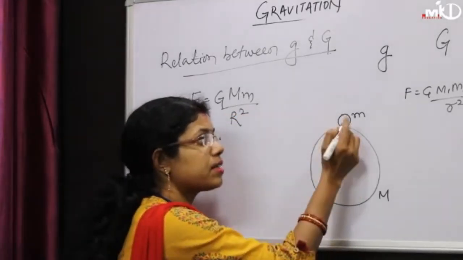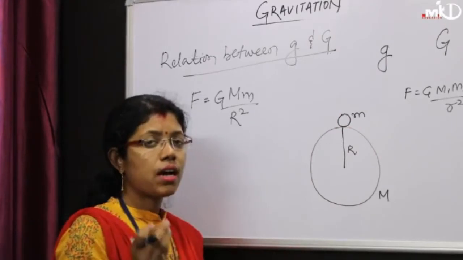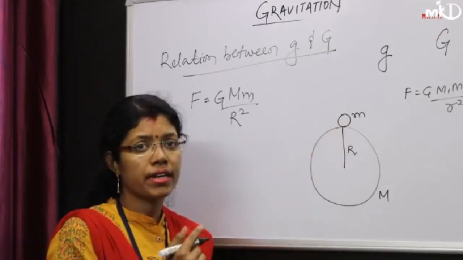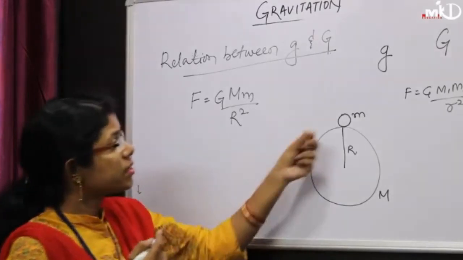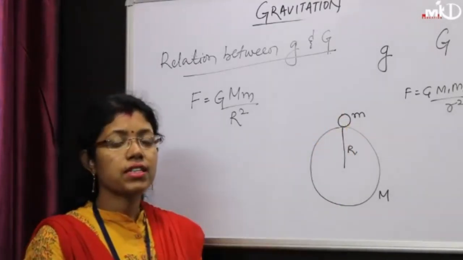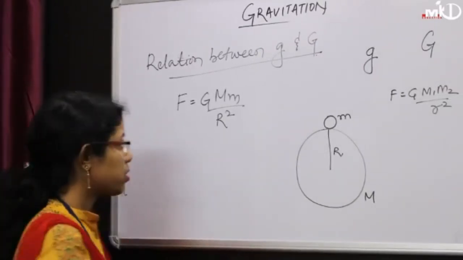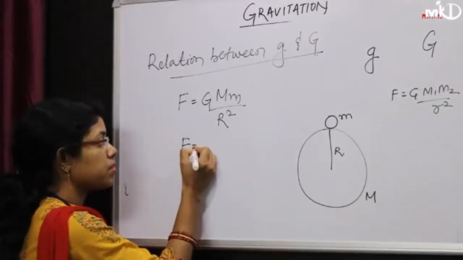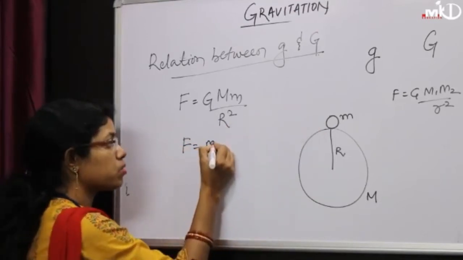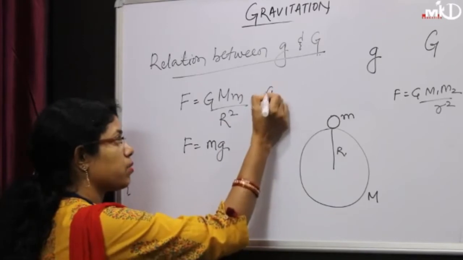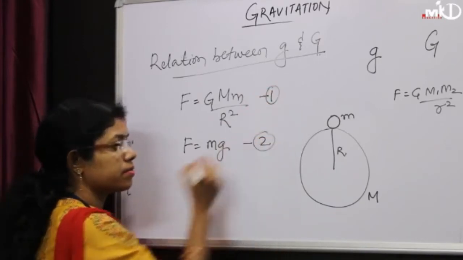We will not consider the radius of the small body because it is very small compared to the radius of the Earth. Since the body is placed on the surface of the Earth, it will also experience acceleration due to gravity. So the force experienced by the body of mass small m is equal to mg. Let us equate these two equations.